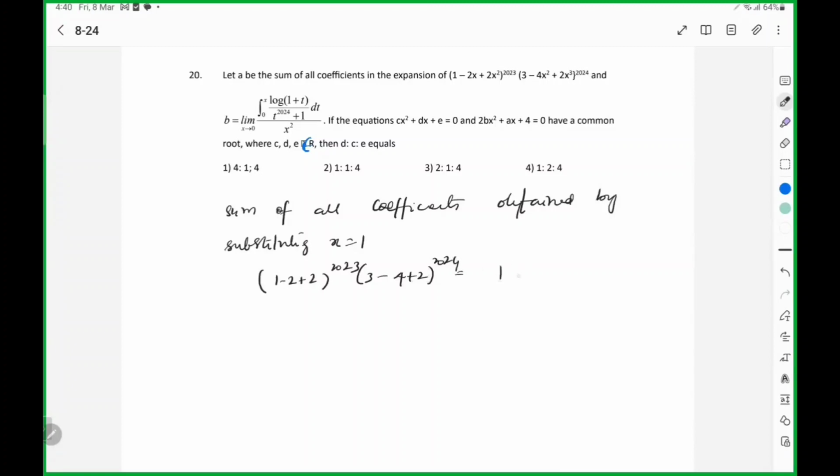It's 1, which implies A here is 1. B here is the limit as x tends to 0 of the integral from 0 to x of log of 1 plus t by t power 24 plus 1 by x squared.